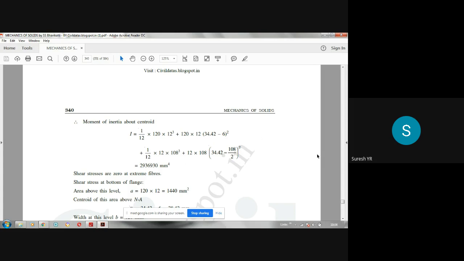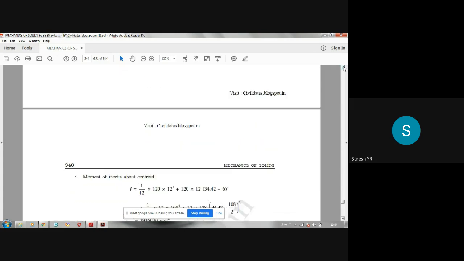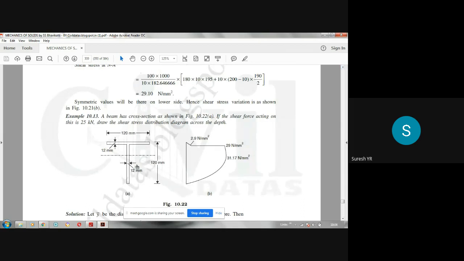Now for the web portion, once again bd cube by 12. Here b is 12, the width is 12, the depth is 108, which is 120 minus 12. So 12 into (120 minus 12) whole cube divided by 12, plus area, which is once again 12 into 108, into the distance of the CG of this web from the neutral axis.